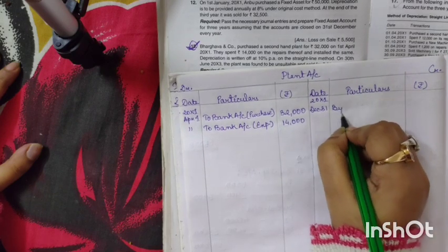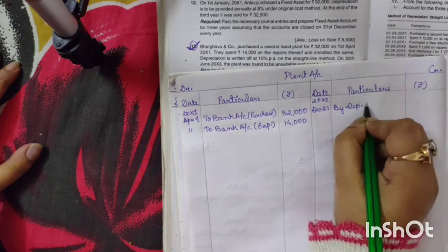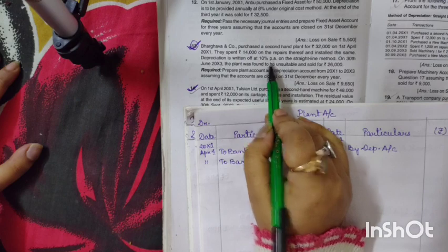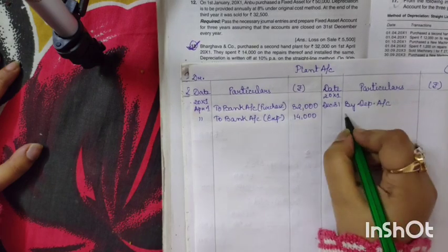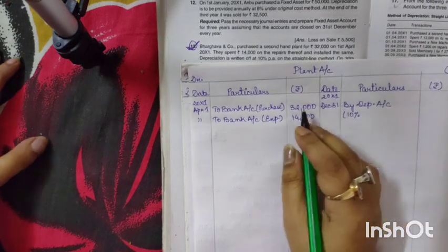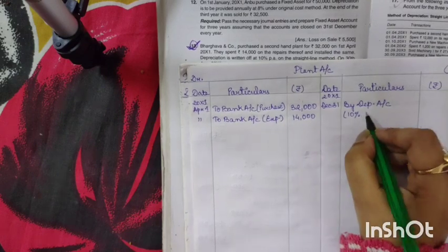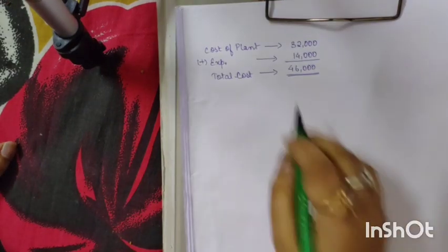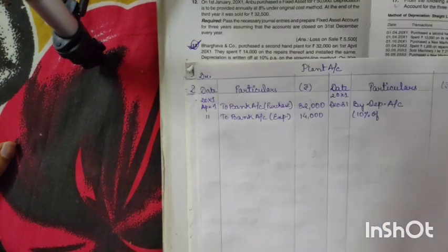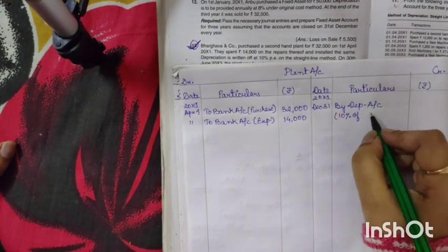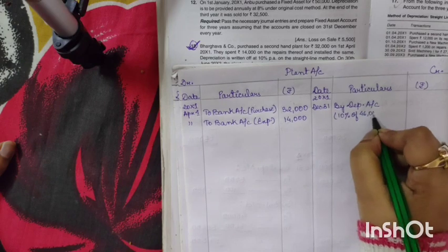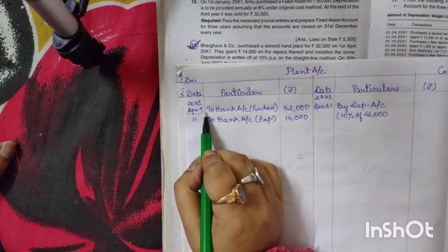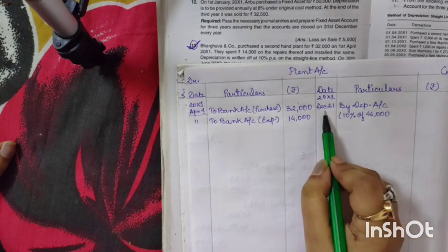So by depreciation account, the rate of depreciation is given as 10% per annum. So 10% of, as we all know, the total cost, and I have already shown you the total cost is 46,000. So here it will be 10% of 46,000. But now see here, when you purchased it on April 1, when is the year ending?